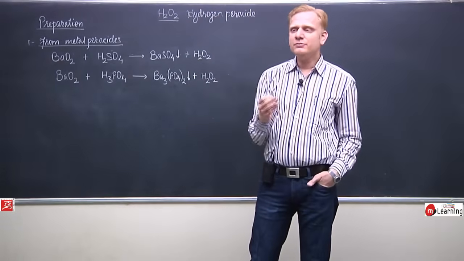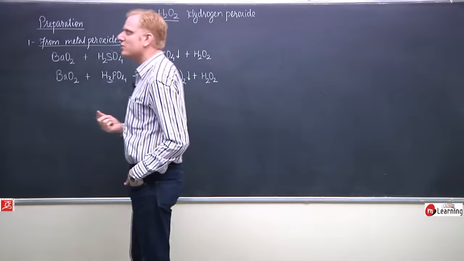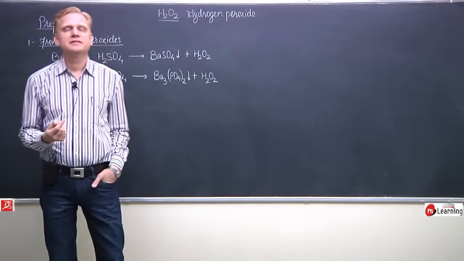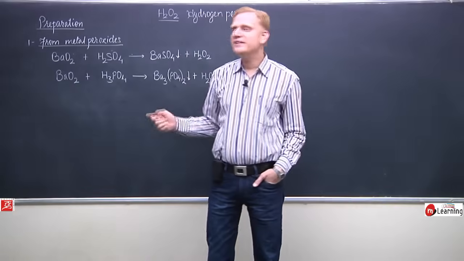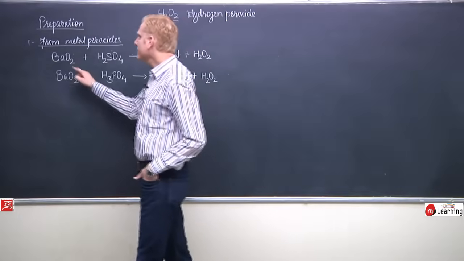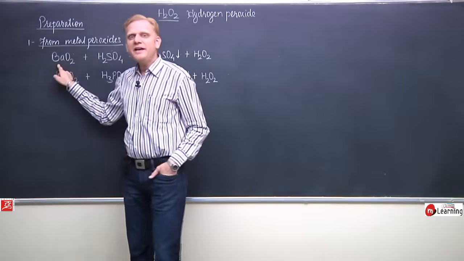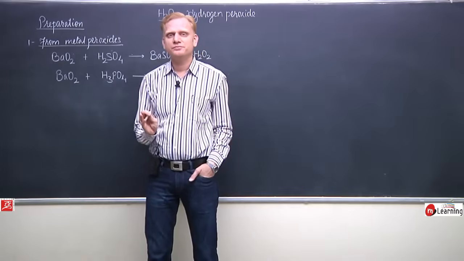Now I come to one more important point. There is one more question based on the reasoning part. Sometimes the question is asked about the nature of barium peroxide we use in this reaction. We should always prefer to take the hydrated form of barium peroxide, not the anhydrous form.